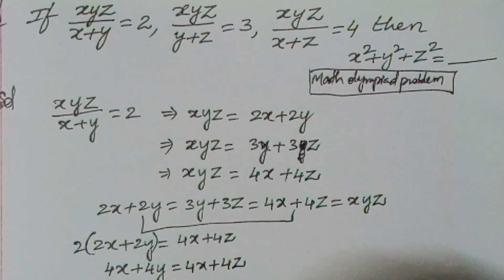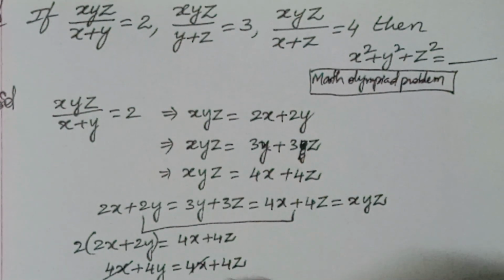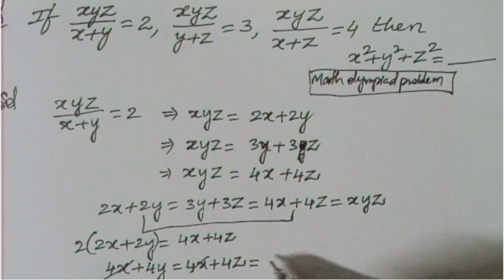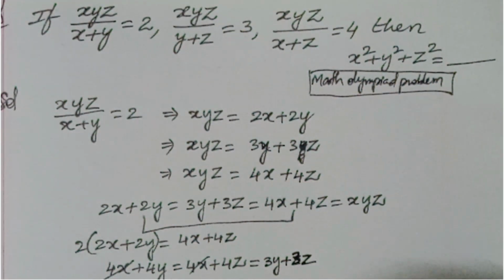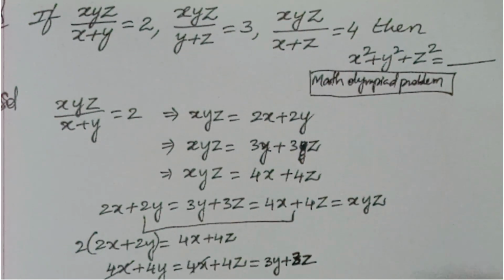So here 4x gets cancelled. 4y is equal to 4z. So this is equal to 3y plus 3z. So 4y minus 4z is equal to 3y plus 3z. So here 4y minus 3y is equal to 7z.